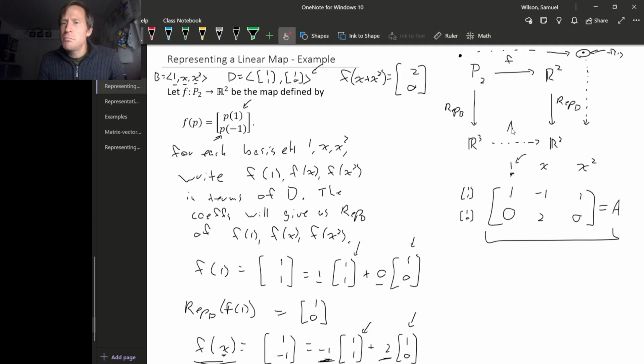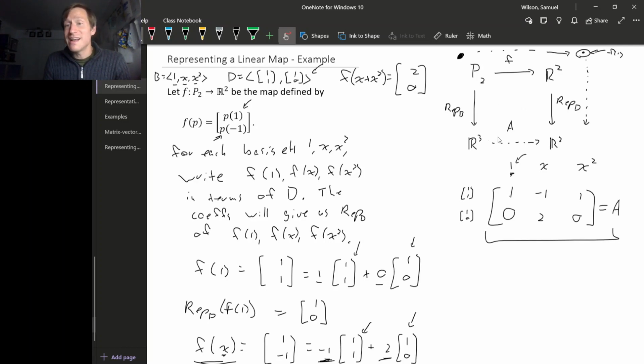Okay, but what we need to do now is see how it is that this matrix A describes a linear map from R3 to R2. And to keep everything in sync here, we need to do it in such a way that if we start with a vector in the upper left here, or a polynomial, doing f and then rep d gives us the same thing as if we do rep b and then hit it with the matrix A, whatever hit it with the matrix A means.